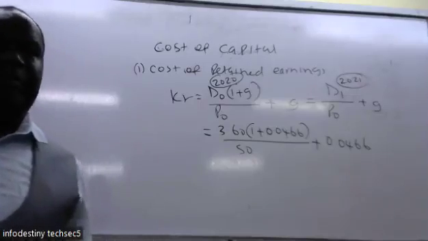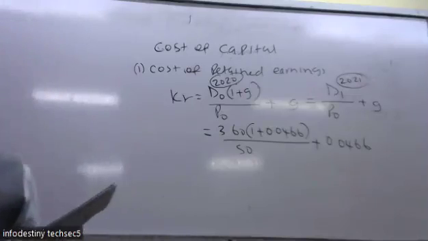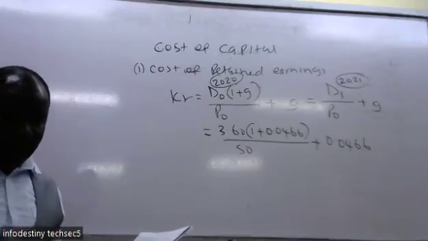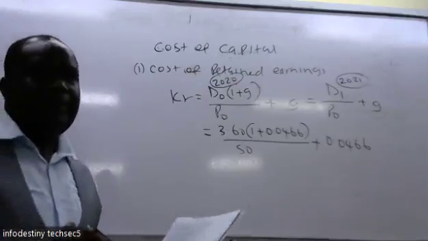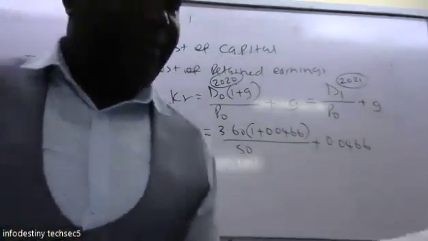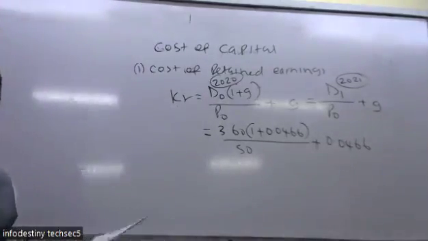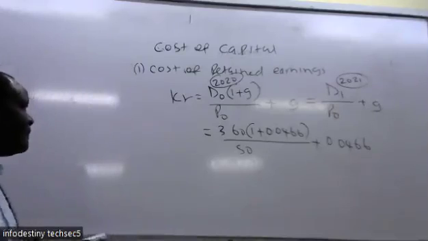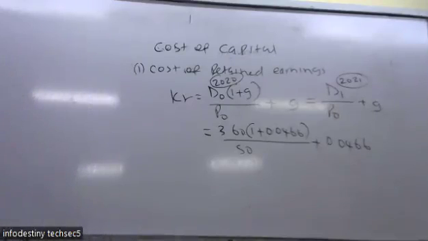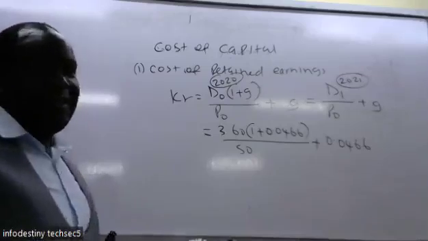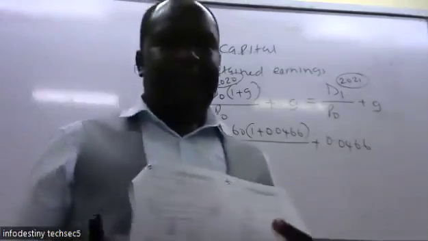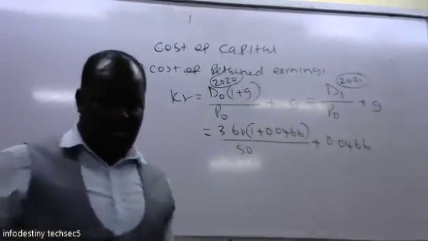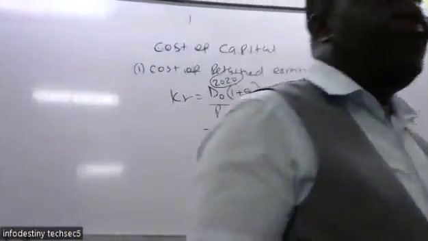That now should be able to give you the cost for the retained earnings. So once you have calculated, multiply by 100 to convert it into a percentage.